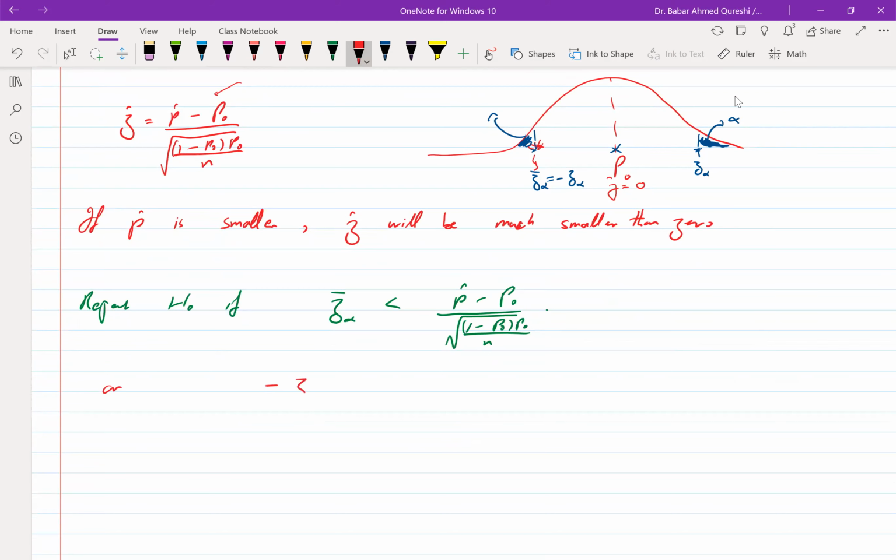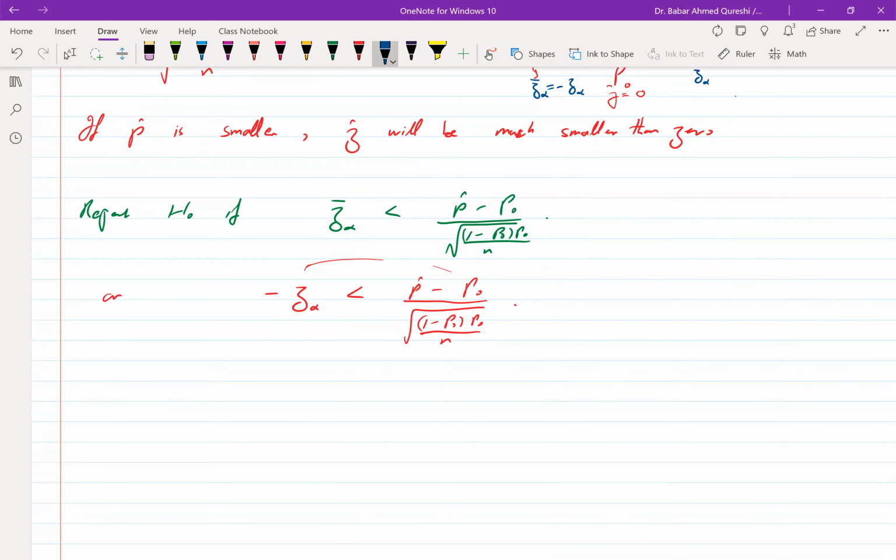Or this you can write as minus z alpha is less than this value. So if I just take that to the other side, all this is saying is if I see in my sample the proportion which is less than the claimed value by this amount.